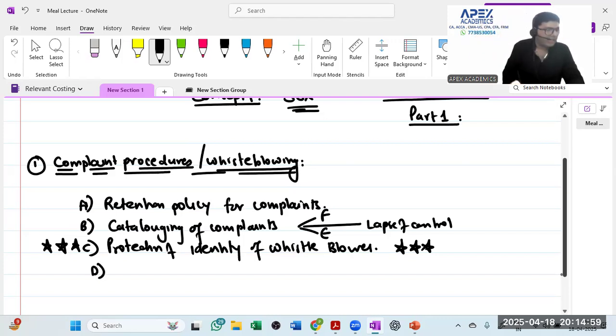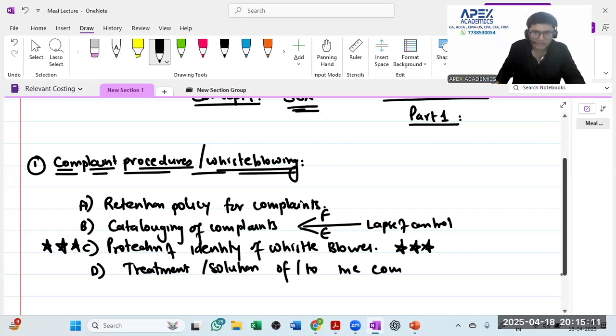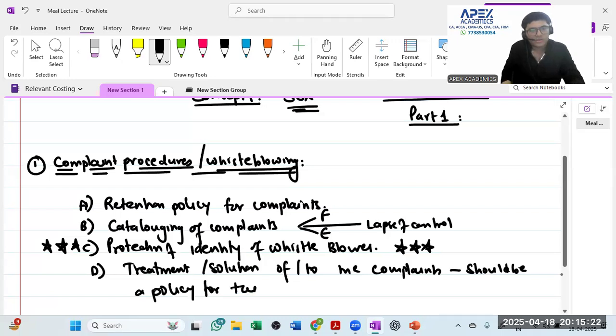Point number D, you have to provide a treatment or a solution to the complaints, and there should be a policy for this. Please keep this much in mind.